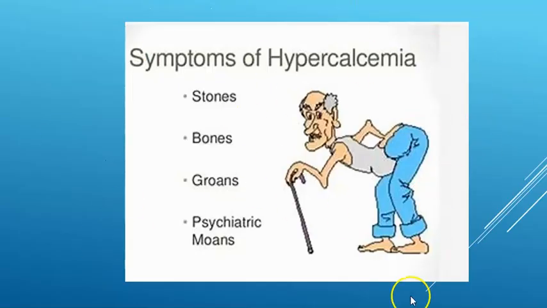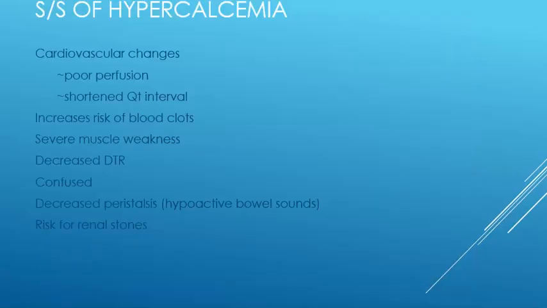This is a cute little chart for signs of hypercalcemia. We know most kidney stones are made of calcium. A lot of patients will come in with chronic kidney stone problems, and it's because their body is producing an overabundance of calcium. Some signs and symptoms: cardiovascular, they'll have poor perfusion and a shortened QT interval.